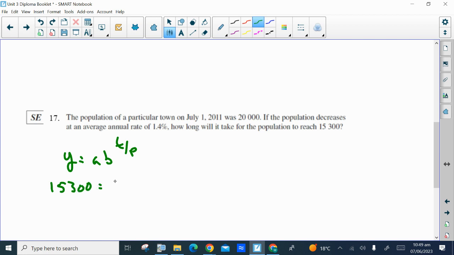A is the initial amount, which is 20,000. B, the base, is the growth rate. If it decreases by 1.4%, that means it's maintaining 98.6% of its population. That's the number that you have to use, 0.986.